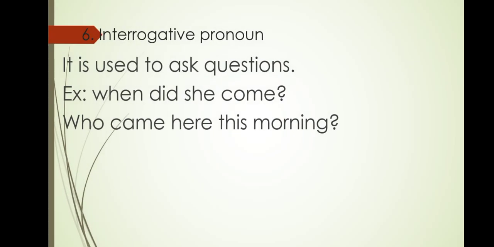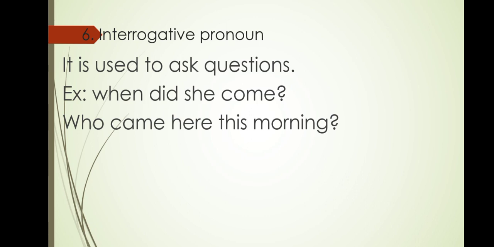So, the next type of pronoun is the interrogative pronoun. Interrogative, you already know. Interrogative pronouns are used to ask questions. So, example, "When did she come?"